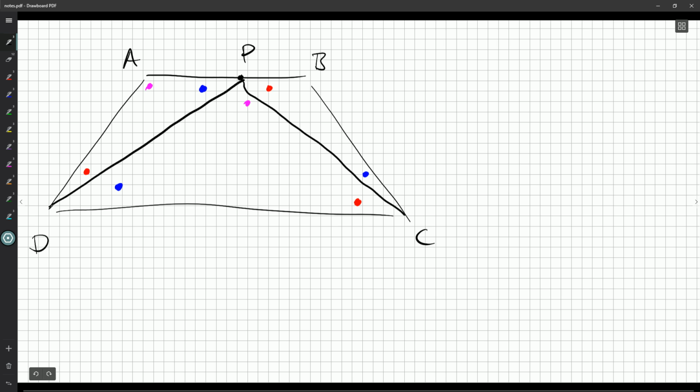So we can see angle DPB is the same as angle DAP plus angle ADP, which is pink dot plus this initial red dot.